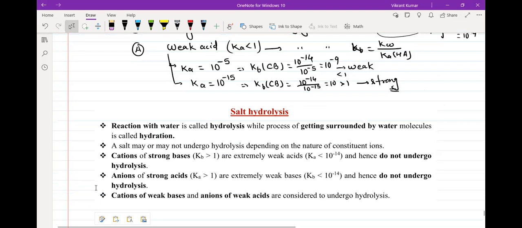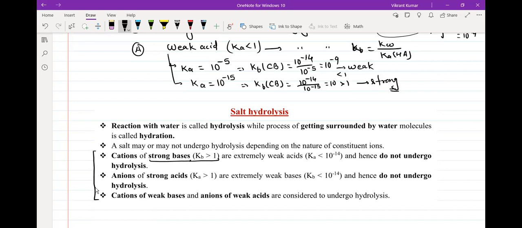Now I told you that whenever we have to see what a salt does in water, always say it's cation and anion. Now I've got 3 important points on the basis of which we'll identify the behavior. Already I told you if I am having a strong base, meaning Kb greater than 1, then its cation will be an extremely weak acid.